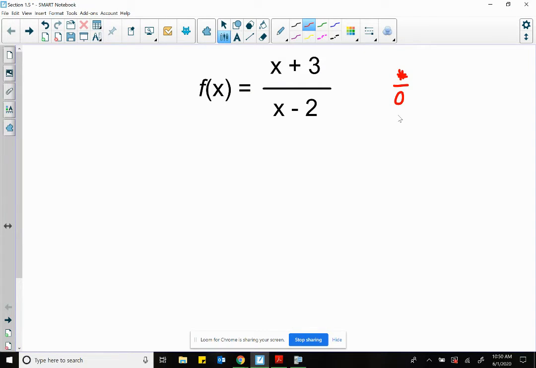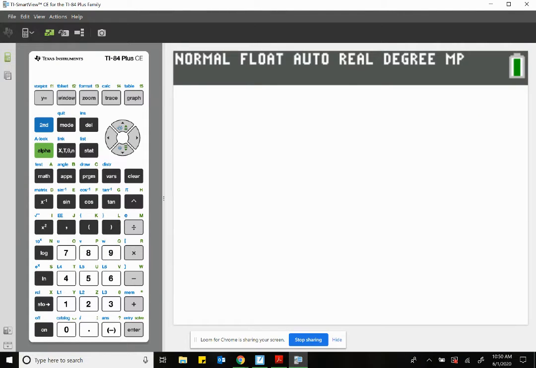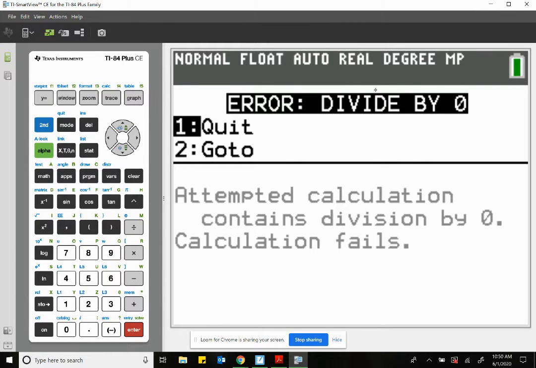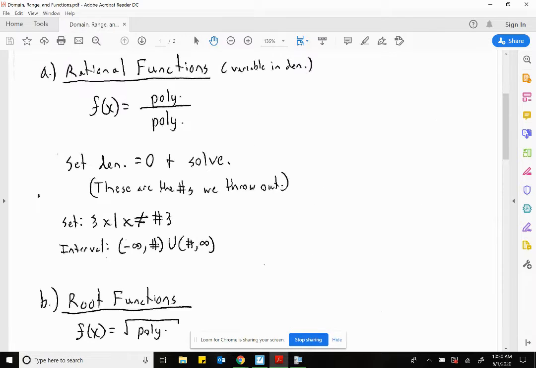But if you take a number divided by 0 in the calculator, it will give you an error. See, look, 8 divided by 0. Doesn't matter what the numerator is. See? Error. Divide by 0. We cannot divide by 0. That's bad news bears. That is why we set the denominator equal to 0, because we are finding the numbers that make 0 down here.